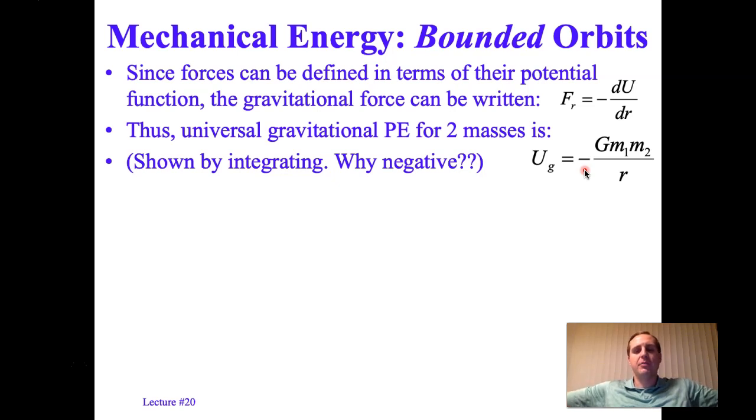Now, when objects come closer to each other, via the conservation of mechanical energy, the objects should accelerate towards each other via Newton's law of gravity. So the kinetic energy should go up. But if the kinetic energy goes up and the potential energy started at zero, the only way to conserve the mechanical energy is if the potential energy goes down and becomes negative. So that's one justification why this is negative.